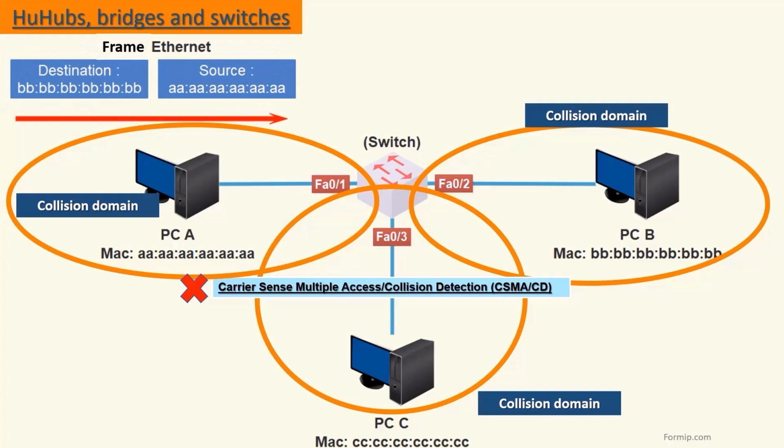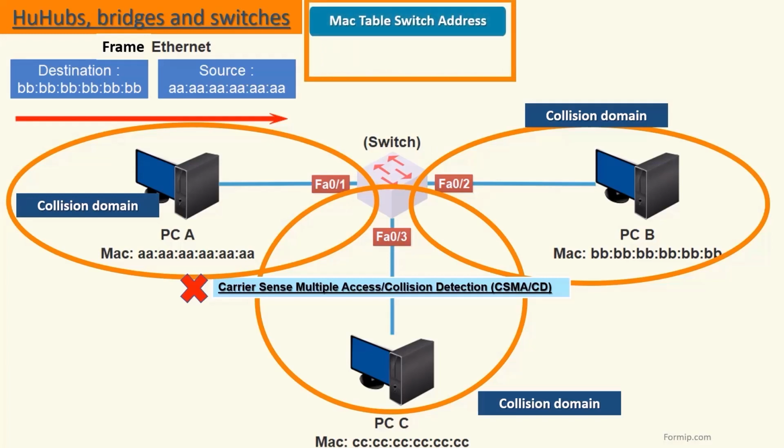PCA will send data to PCB. It will therefore create an Ethernet frame that will contain the MAC address of PCA in the source field and the MAC address of PCB in the destination field.